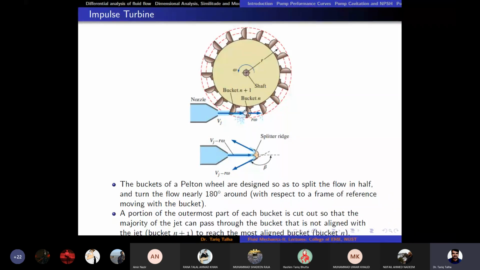So that's why there is a cut at this side of the bucket. And then, as shown in the video as well, there is a splitter arrangement here, just to divide the jet into two portions so that it can go in opposite directions.